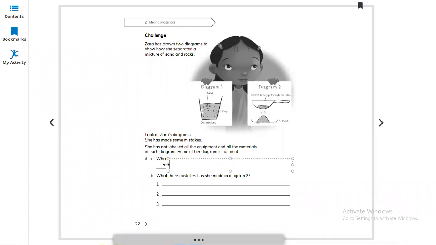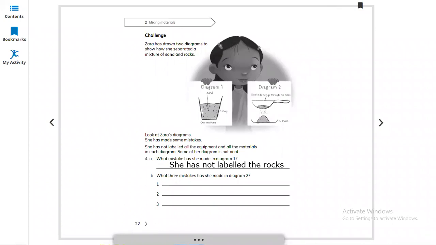Okay, she did not label the rocks. So she has not labeled the rock.